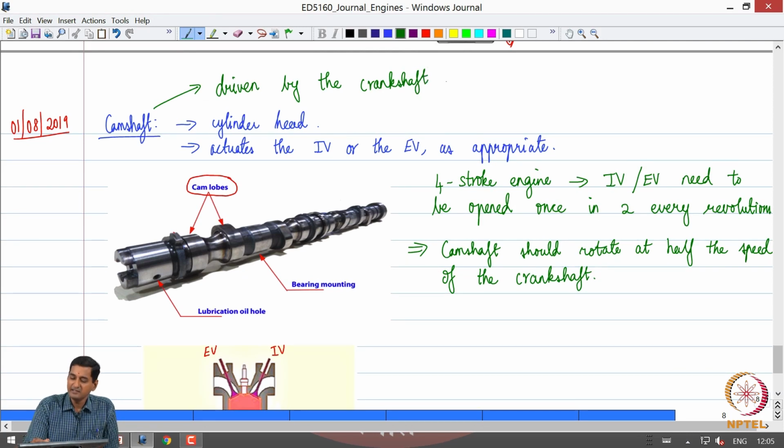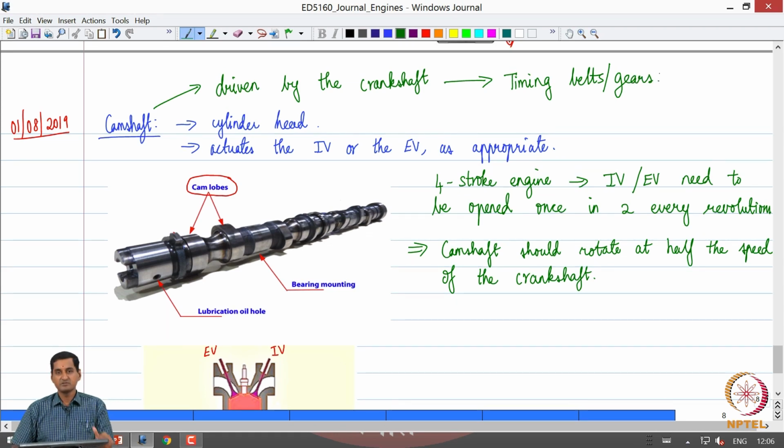Typically the camshaft is connected to the crankshaft by means of what are called timing belts or gears. So one can use a timing belt or a timing gear, okay, to essentially get this functionality.